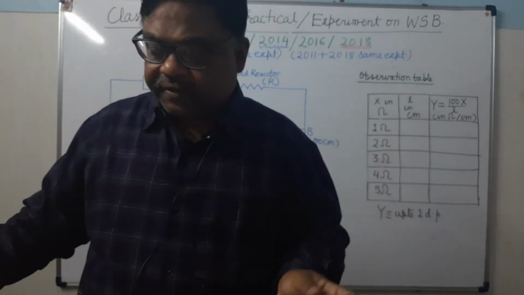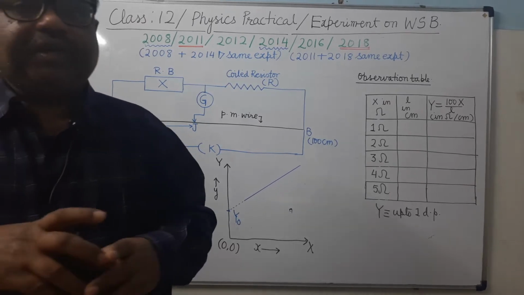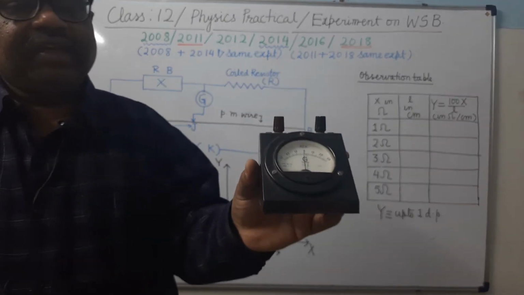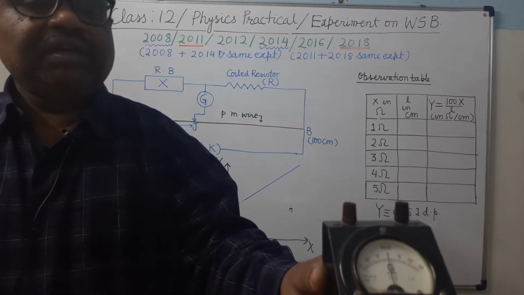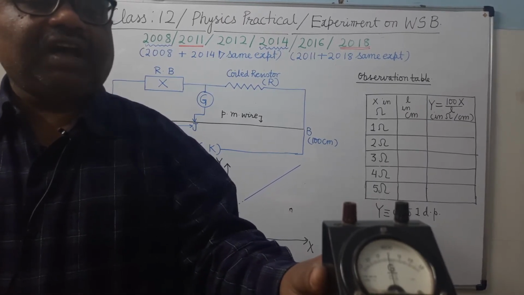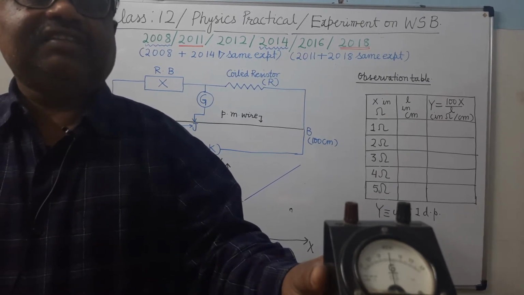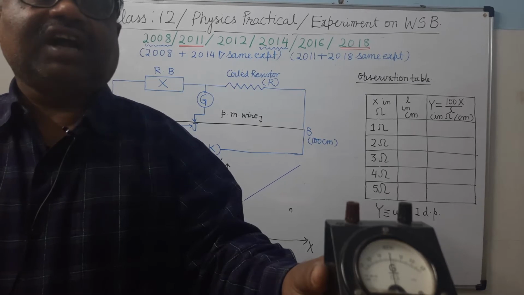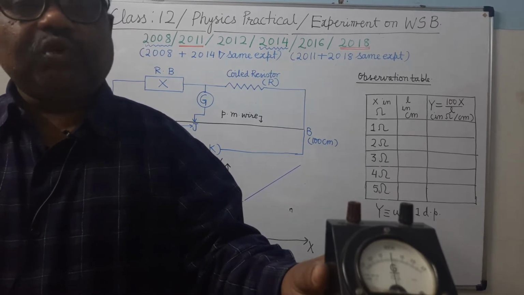Then there is one very important instrument here, the galvanometer. You see it carefully. If you see the needle of the galvanometer, it is at the center. It is not on the left side as you have seen in the ammeter and voltmeter.